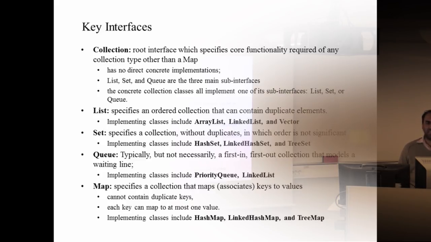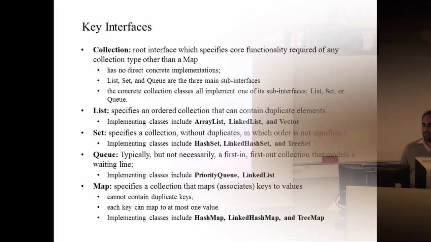But the problem with the list is that it can contain duplicate values. So if you have a requirement that you want a collection of unique values that doesn't contain any duplicates, then you have to use the set. The set is a collection without duplicates, but it doesn't maintain any order, so all the implementation classes of the set will have an unordered collection.